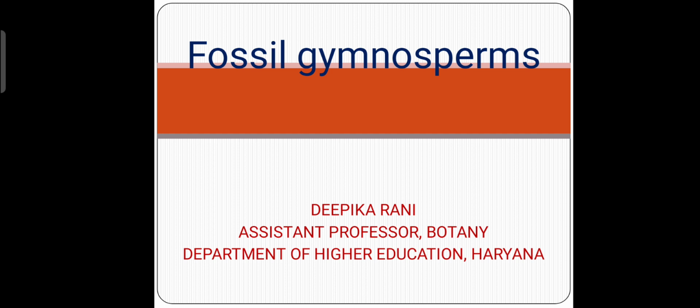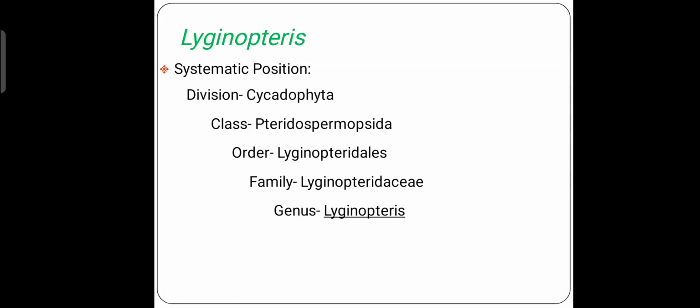Today we will discuss the topic fossil gymnosperms. The first type study we are going to discuss is Lyginopteris. First of all, we will see the systematic position of Lyginopteris.